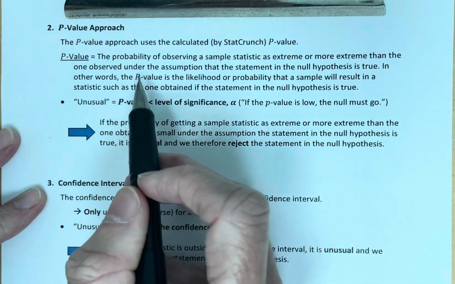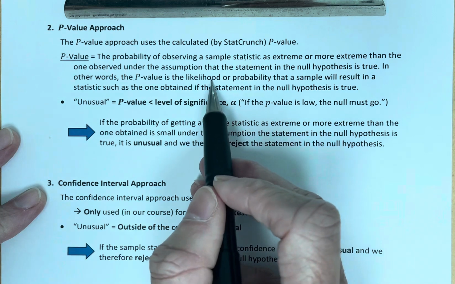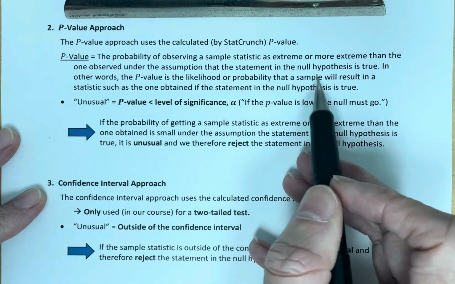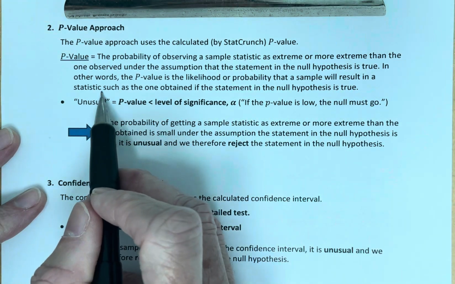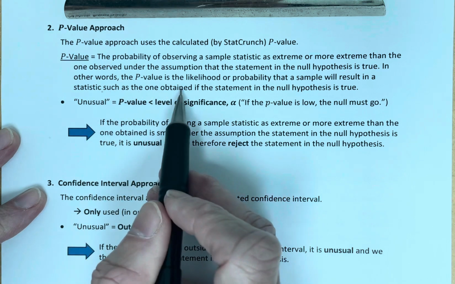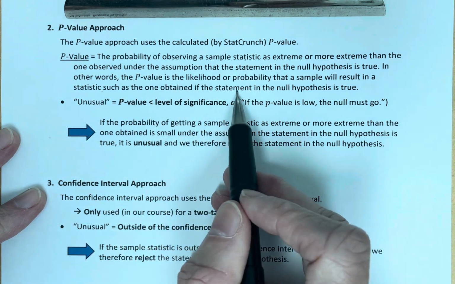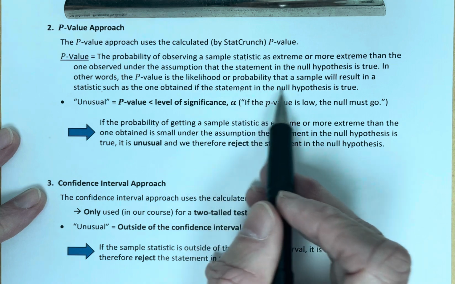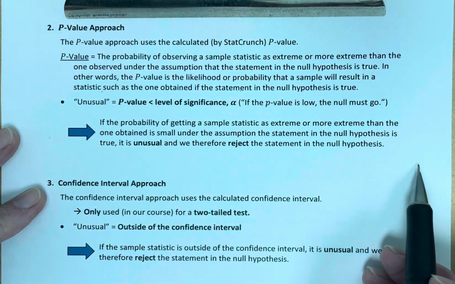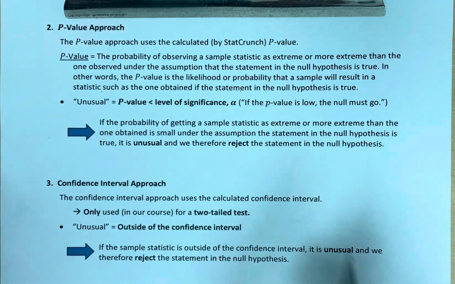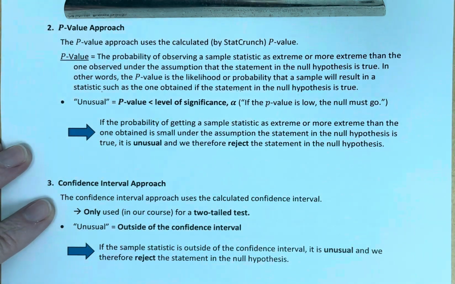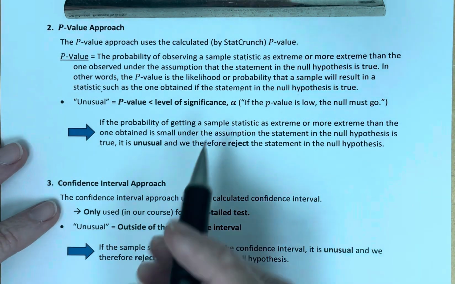In other words, the p-value is the likelihood or probability that a sample will result in a statistic such as the one obtained if the statement in the null hypothesis is true. Lots of words can be kind of complicated. It will take some practice to get used to this.